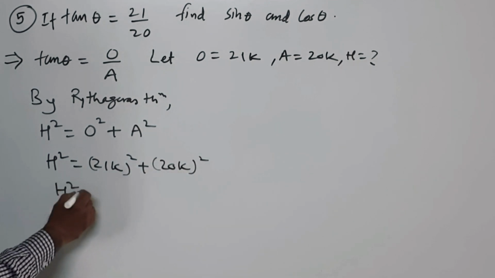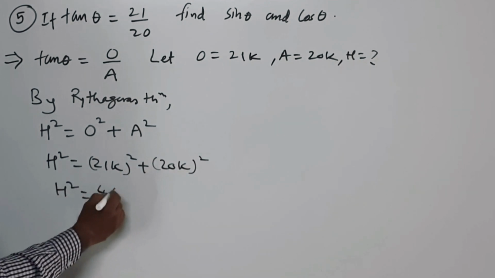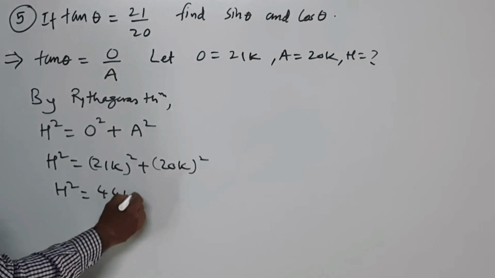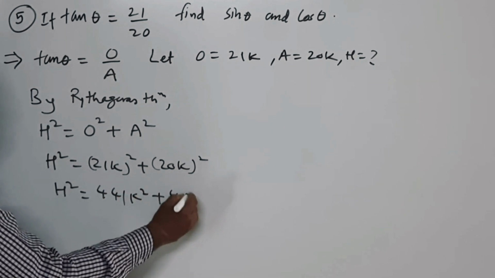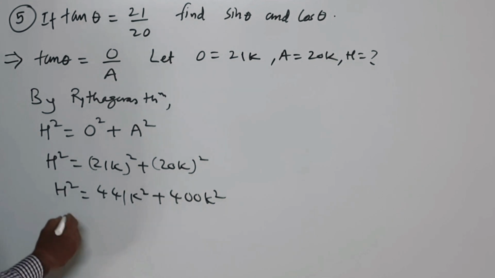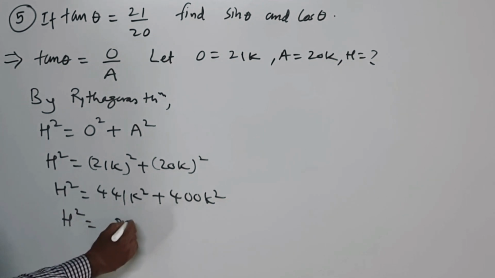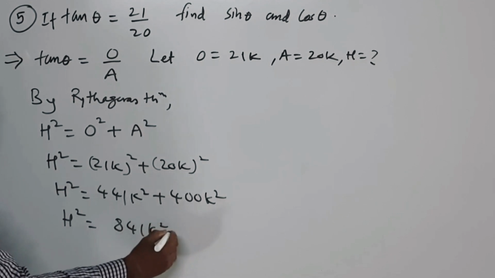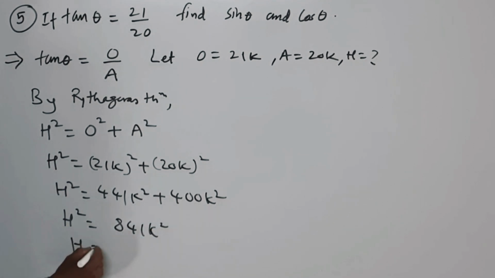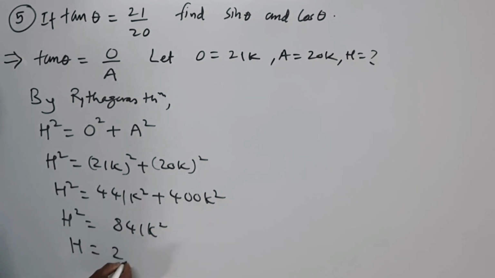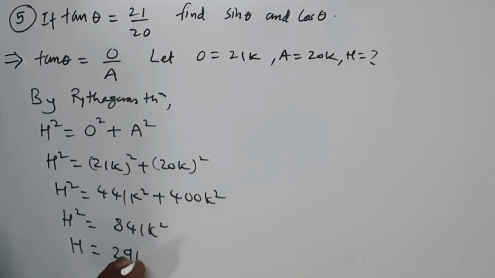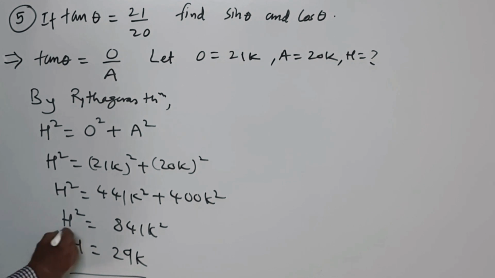Therefore x square is equal to square of 21 is 441 k square plus 400 k square. So x square is equal to 441 plus 400 is 841 k square. Therefore x is equal to square root of 841, which is 29k. So hypotenuse is 29k.